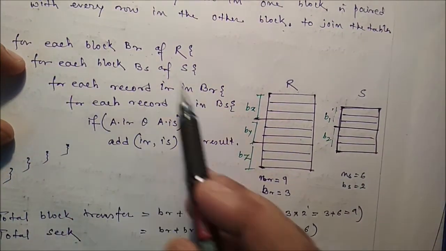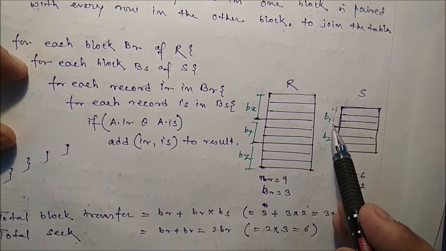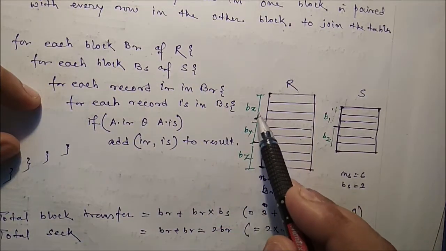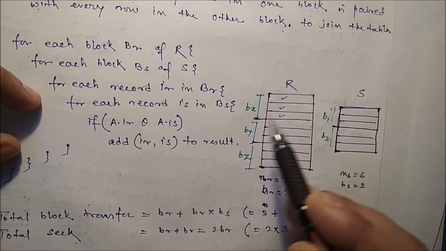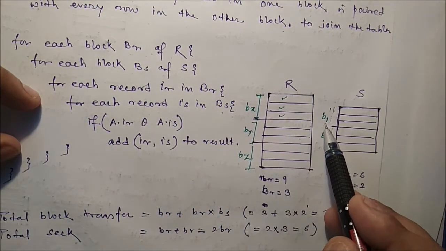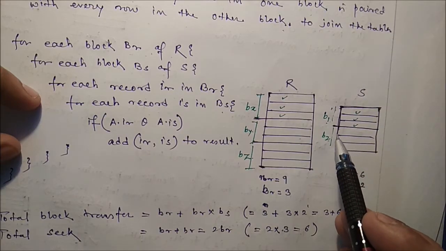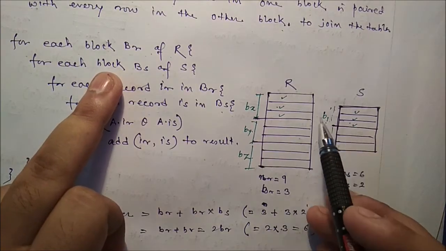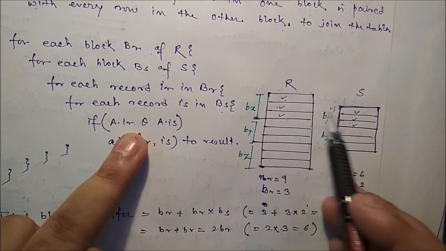So for each block of BR, say BX, BY, BZ, for each block of BS, that is B1 and B2, for each record in BR. So if it is BX, for each record, this one and this one, for each record of BS, if it is B1, this one and this one. So first of all, take the block, then take another block. Now take each record of the block, then take each record of the other block and then compare.